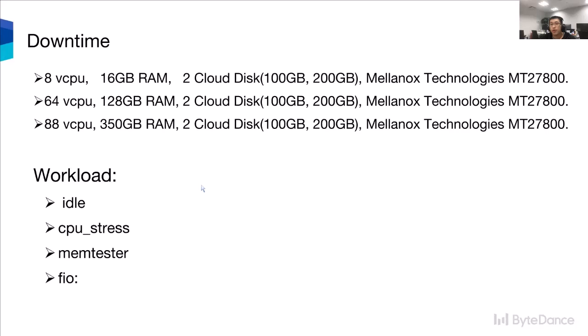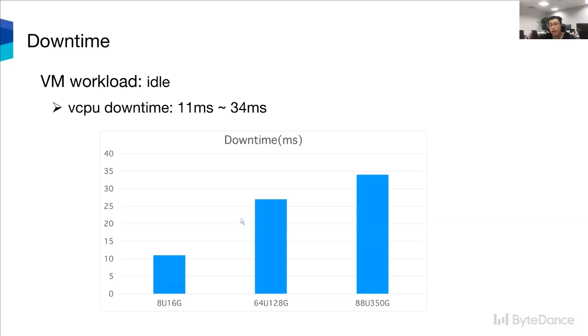We use the following tools: stress, memory tester, and FIO to simulate computation, memory, and storage. This picture shows the distribution of VM downtime when the VM is idle. We can see the distribution of VM downtime is 11 milliseconds to 34 milliseconds.